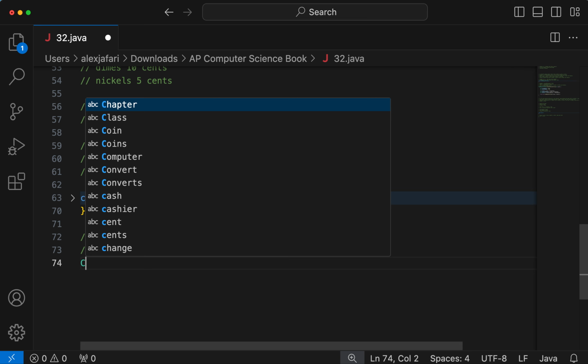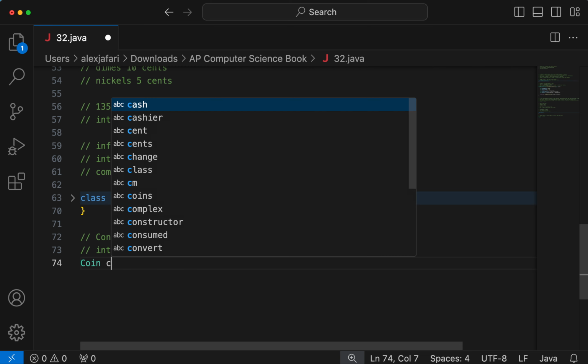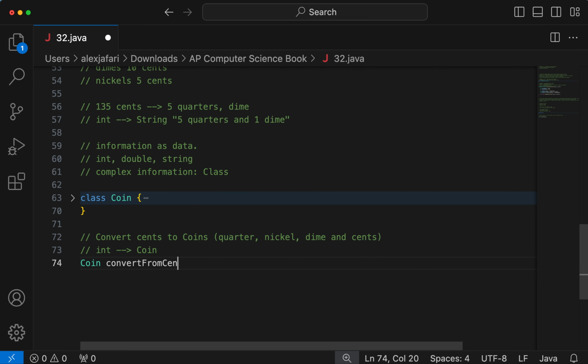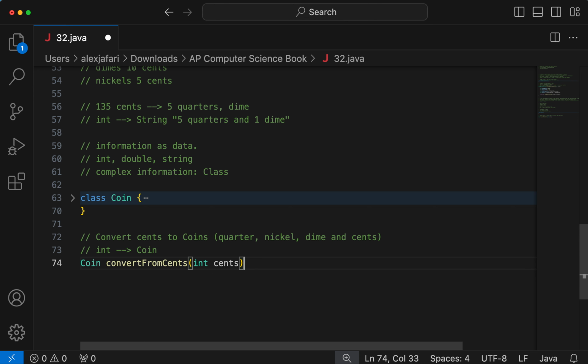So to code it, we could have Coin convertFromCent, and the input is going to be int cent. Let's call it inputCent. Does this make sense so far?